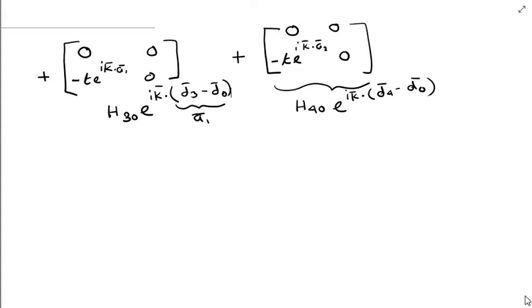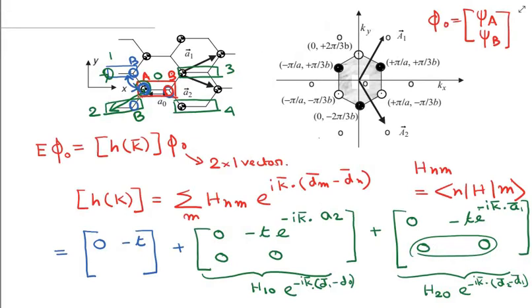Okay, so we have written down the terms for the coupling between the 0th unit cell, which is this unit cell over here, and these two unit cells. Now this atom B over here, just as I stated, is also coupled to this atom A, which is in the same unit cell.